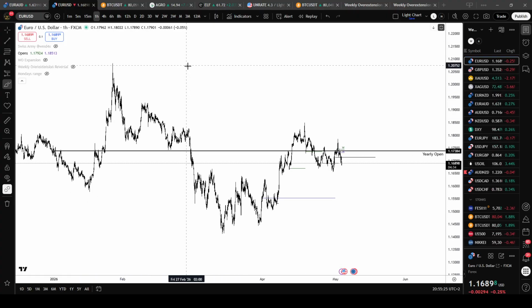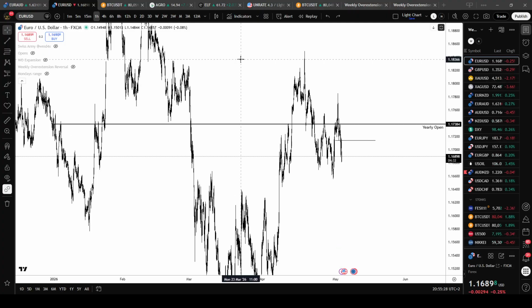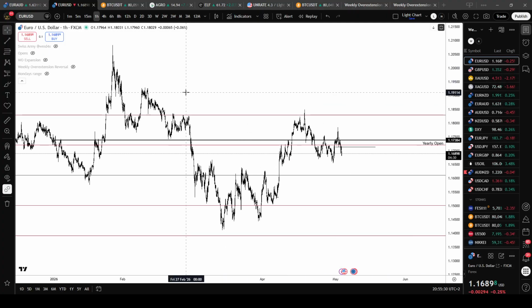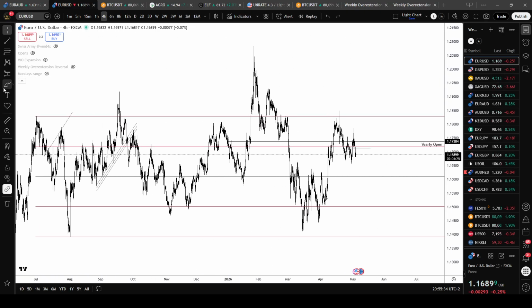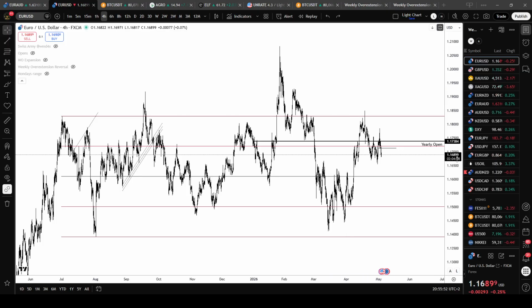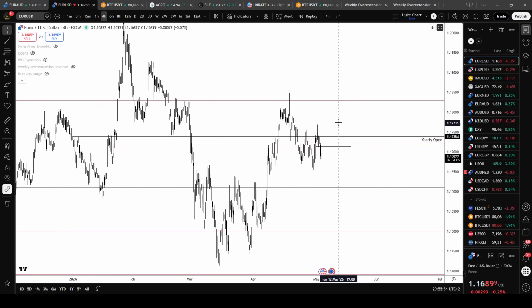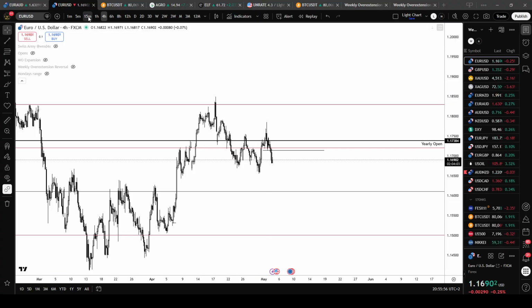The other one was that if I drag back the range levels and I zoom out, we had just rejected from range highs. So a rotation lower is expected after that. Same way you would expect a rotation higher if you took out the lows. So those are the two points that gave me that bearish bias.